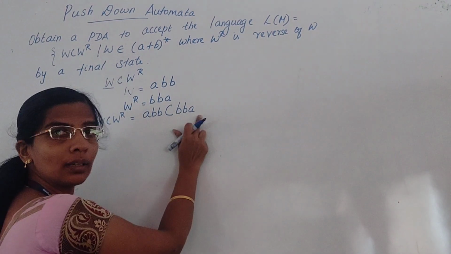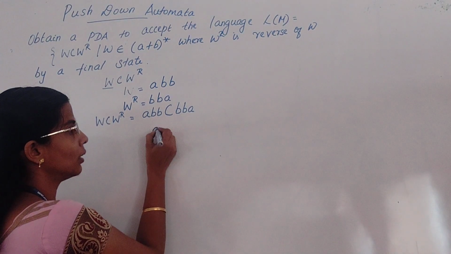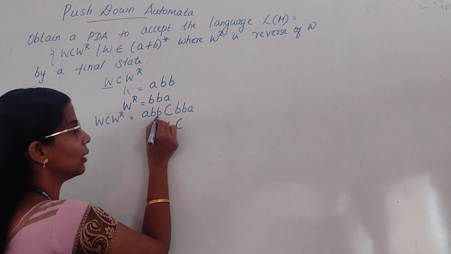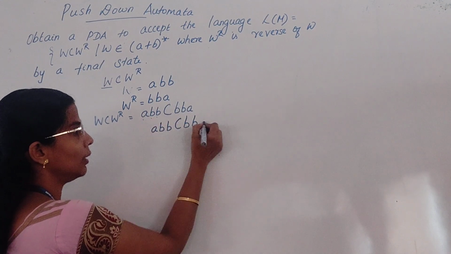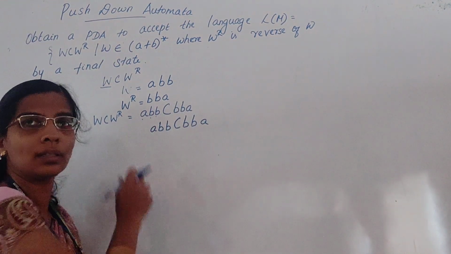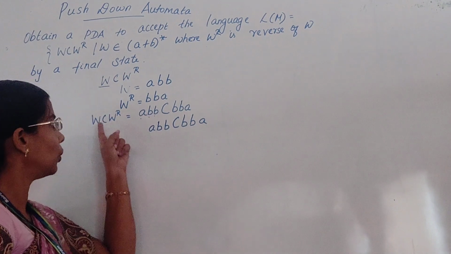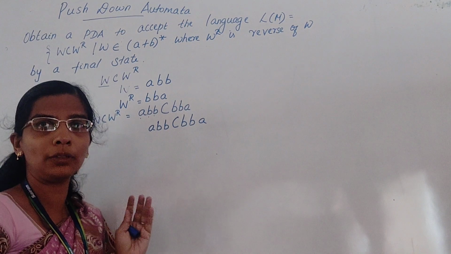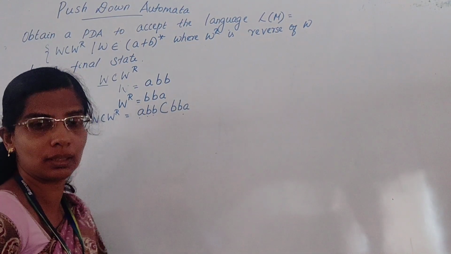Start writing from the end: A, B, B, C, B, B, A. Check both strings. It's the same. That's what I told: this W C W^R is nothing but a palindrome string. Even if you reverse it, you will get the same string.